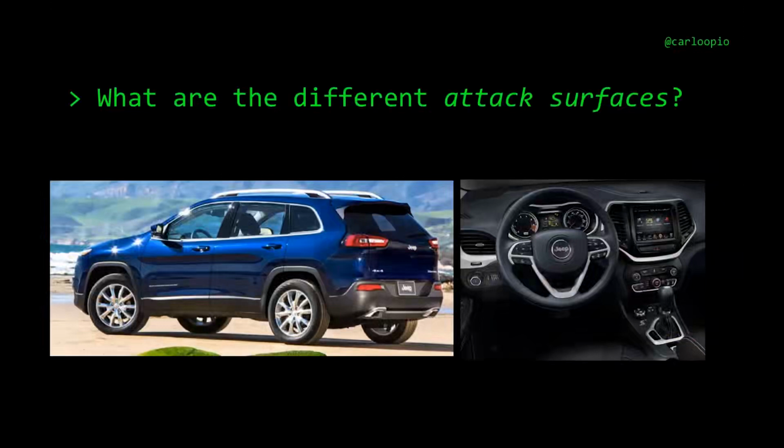But what are some of the different attack surfaces on cars? When you come across a car, there are some things that you might notice as you start hacking cars, and there's a number of attack surfaces. So the first one that a lot of people sort of disregard is the tire pressure monitoring sensor.